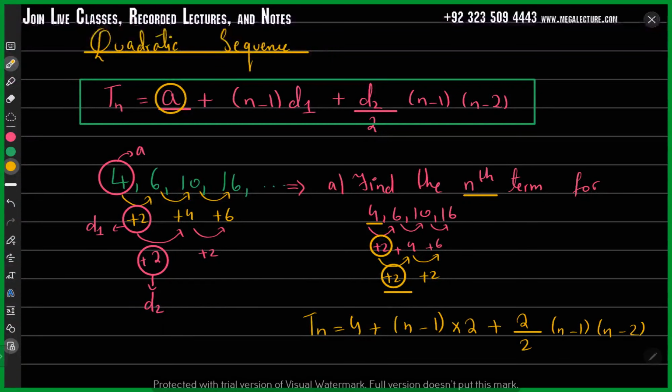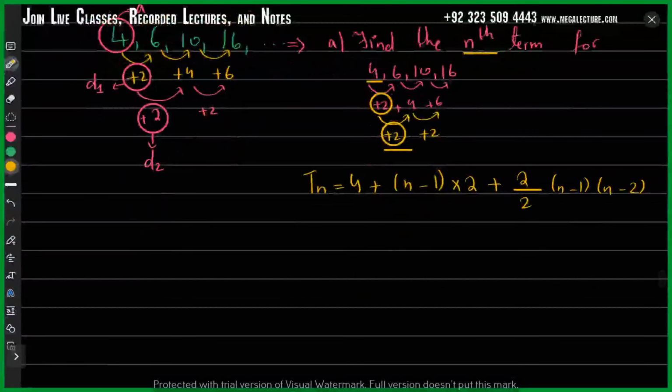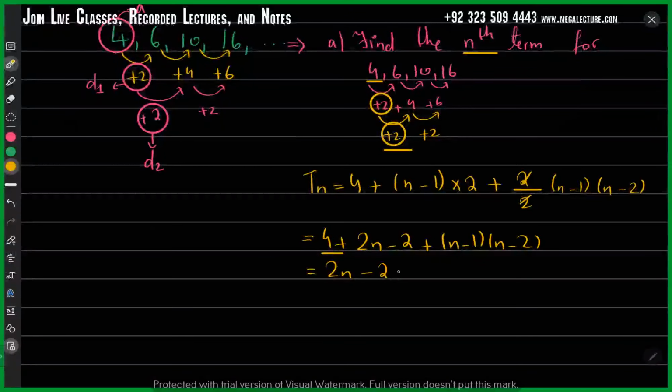So how do we simplify this? Let's just do that. It's 4 plus 2n minus 2. This is 1 plus n minus 1 into n minus 2. 2n, 4 minus 2 would give you 2. And then n would be multiplied by this n and this would give you n squared.